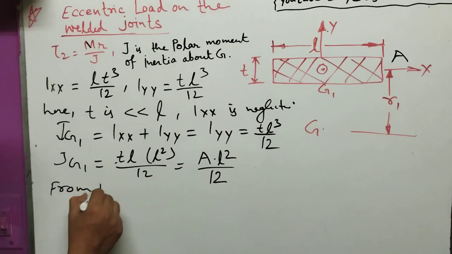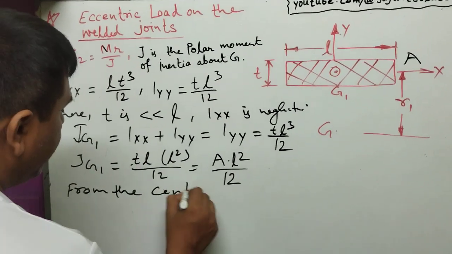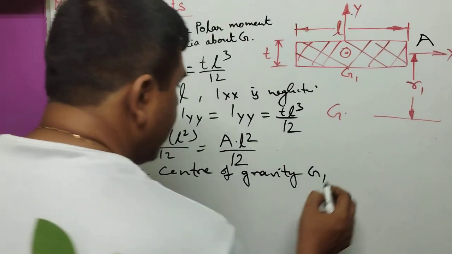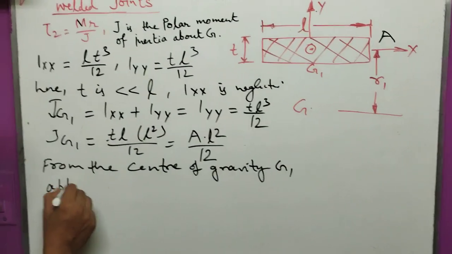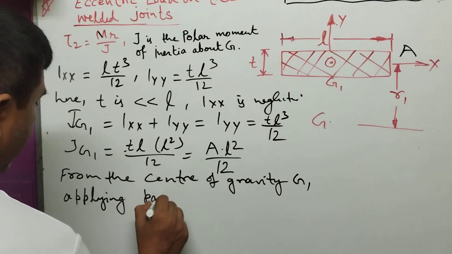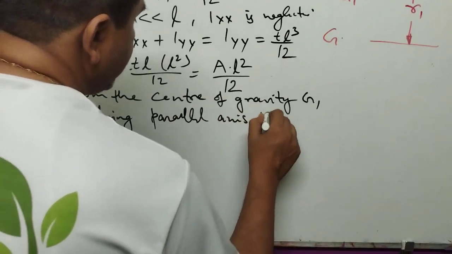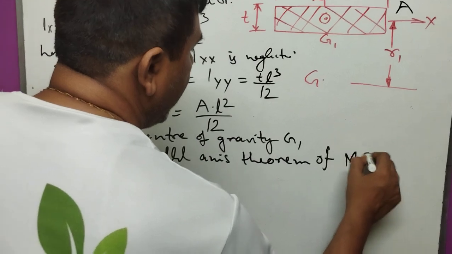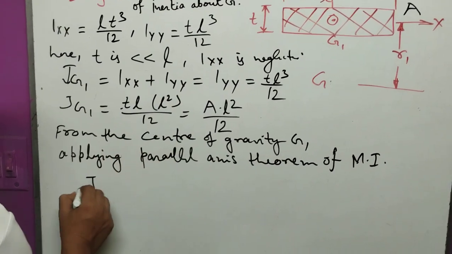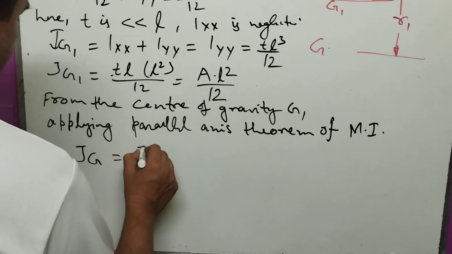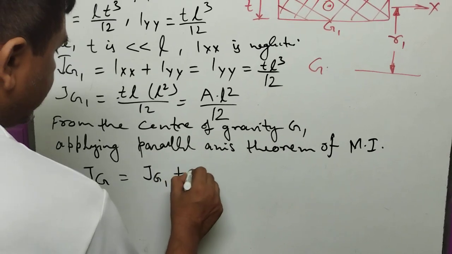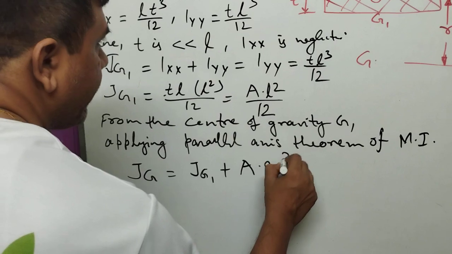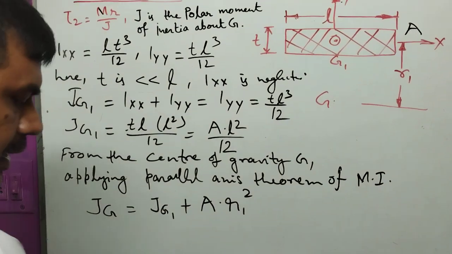From the center of gravity G, applying the parallel axis theorem of moment of inertia, Jg equals Jg1 plus area into r1 squared.